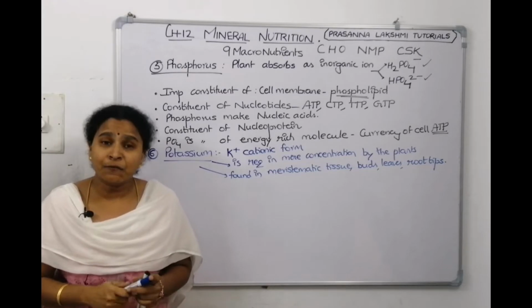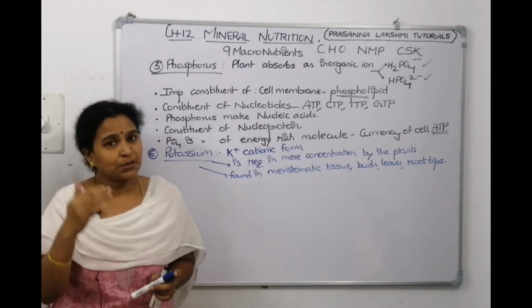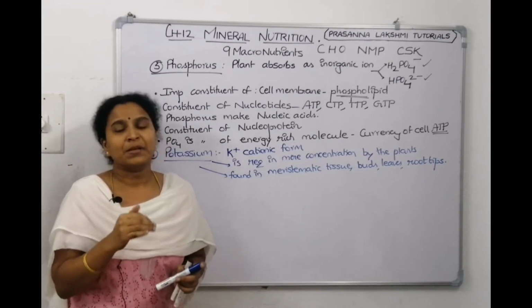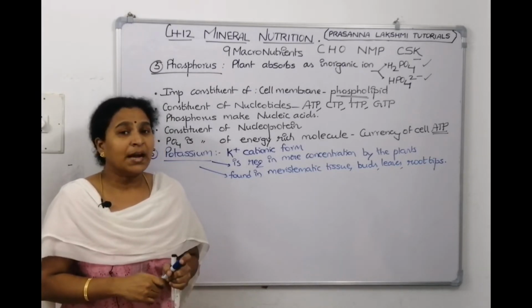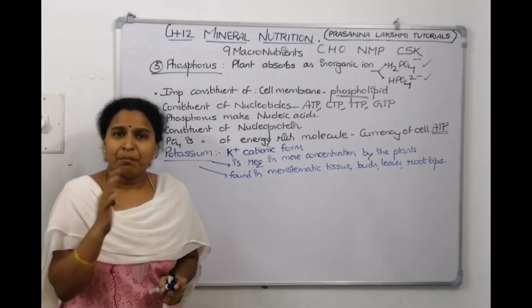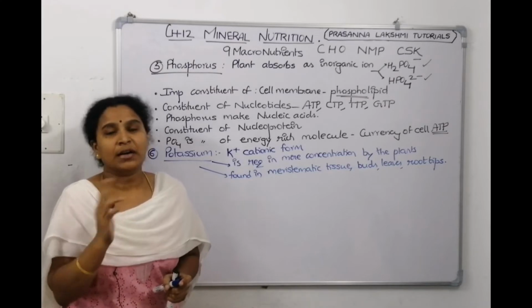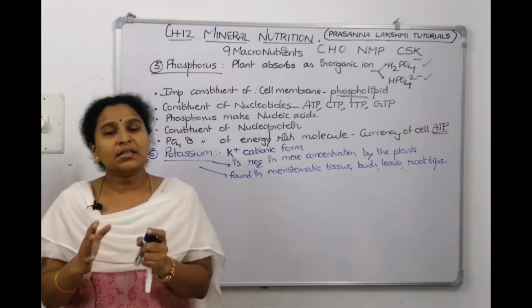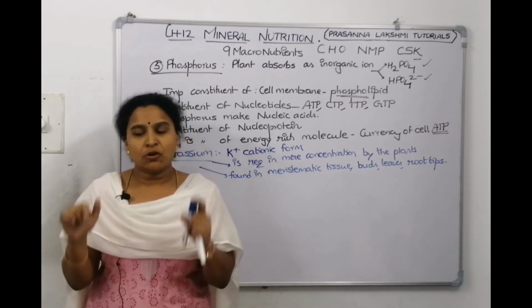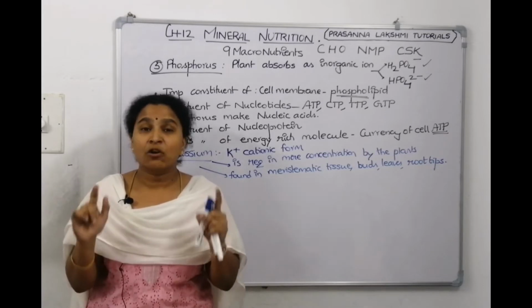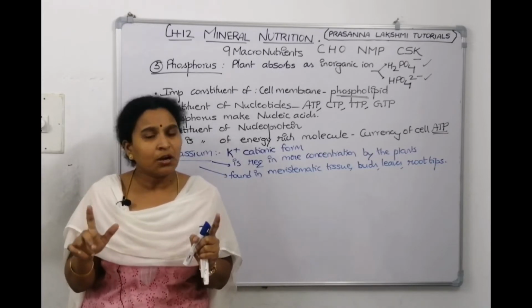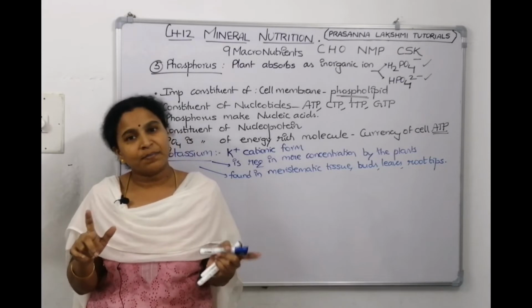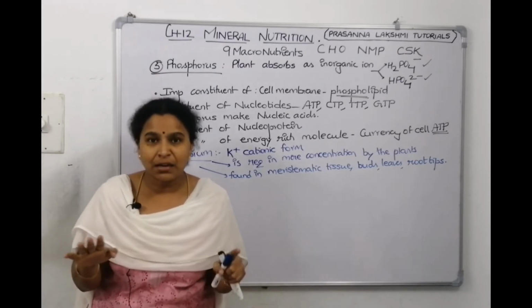And what are the physiological roles of K plus? Means what are the functions of K plus? Let us discuss. Now we know that K plus is the main ion which helps in cation-anion balance. Inside the cell and outside the cell, cation concentration should be balanced, anion concentration should be balanced. If it is not balanced, one ion should go from this side to that side to maintain that equilibrium.